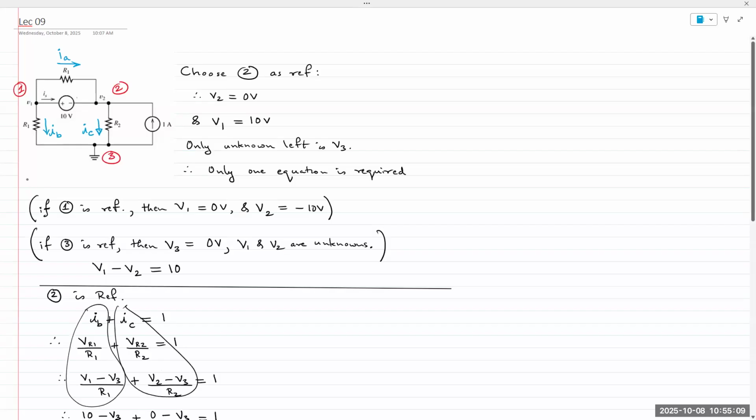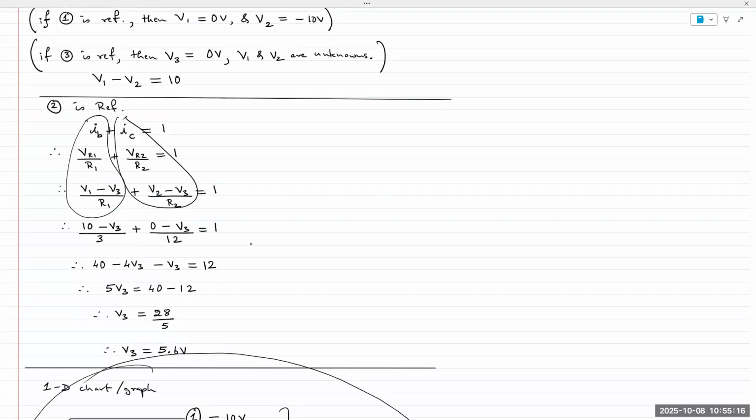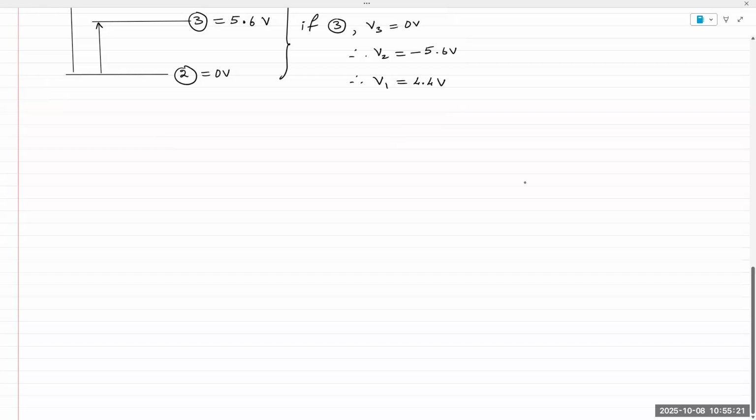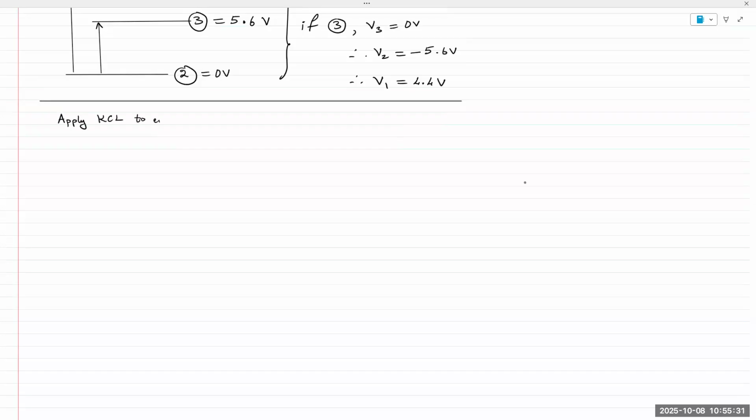So if I apply KCL at either end, let me just scroll down. Node 1 or 2 for IS.